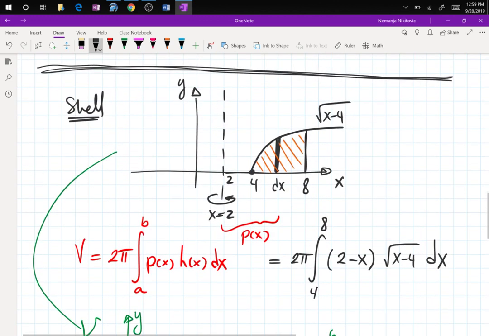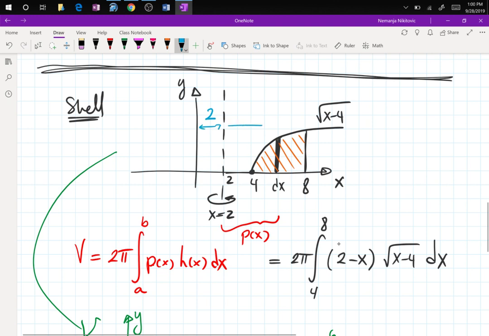You see, your axis is at 2. The p of x measures the x value. So over here, you have 2 units. Let me use a different color. So from here to here, you have 2 units.